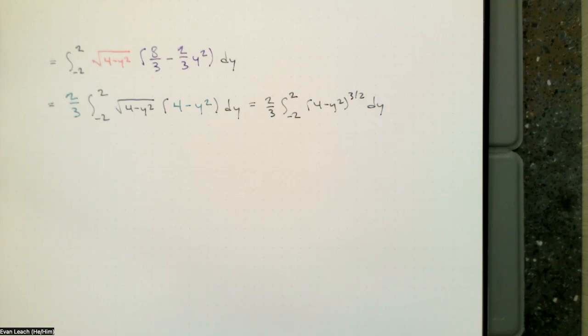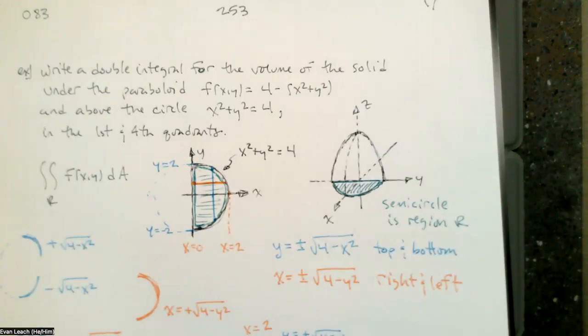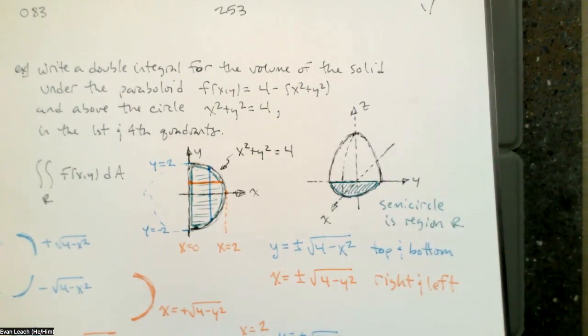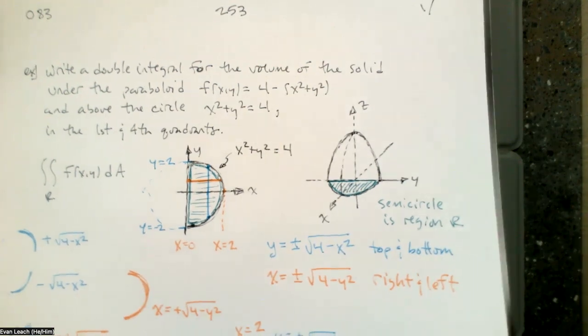So our answer is presumably going to have some arc sine somewhere. That's where the pi is going to show up. We should not be surprised that trig substitution showed up, and that we're going to have some arc sines running around, because the region over which we're integrating is part of a circle. And circles need pi for their volumes and their areas.